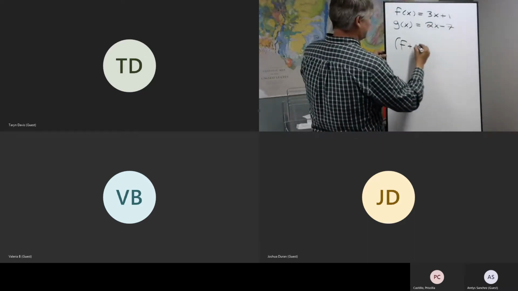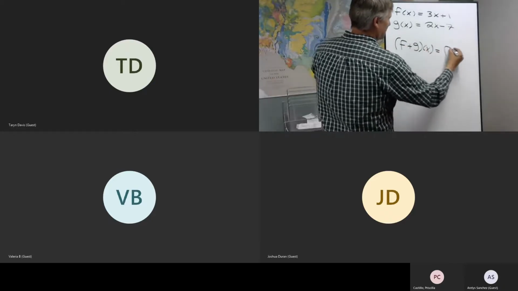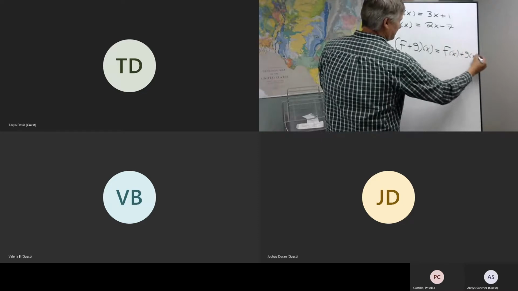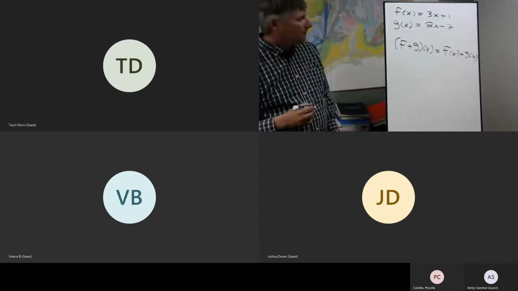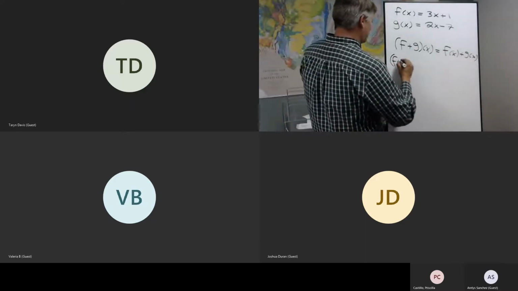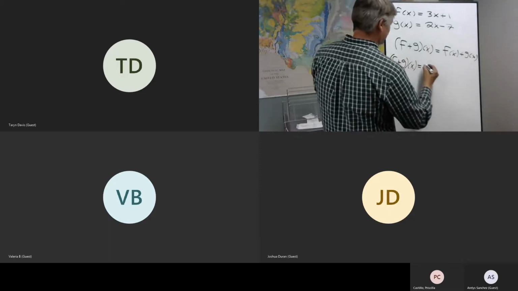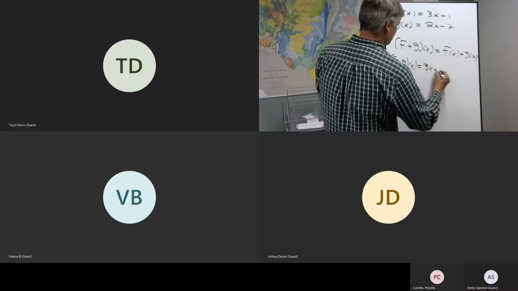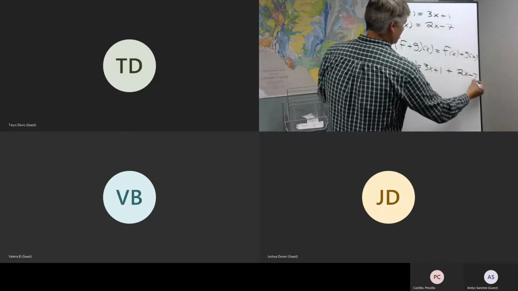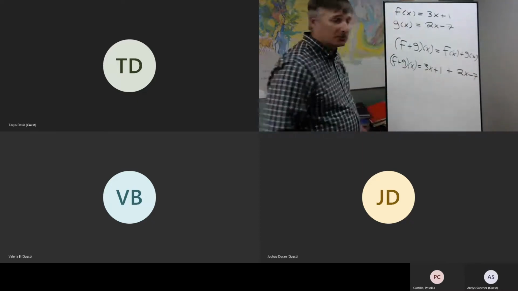f plus g of x. This symbolizes f of x plus g of x. So for our example, f plus g of x, we're just going to add the two functions, and in this case combine like terms.